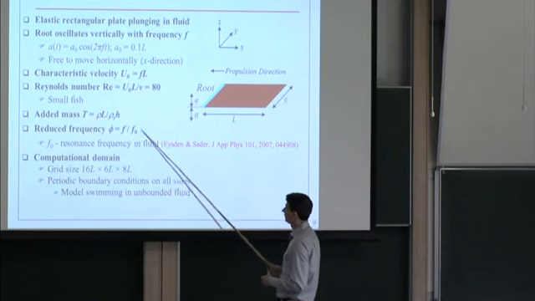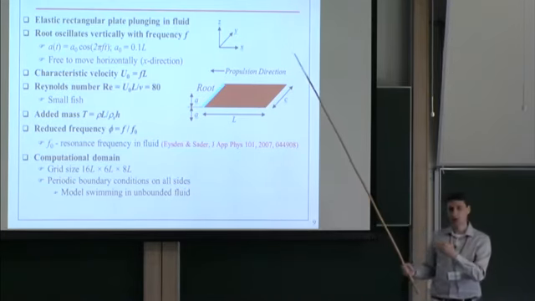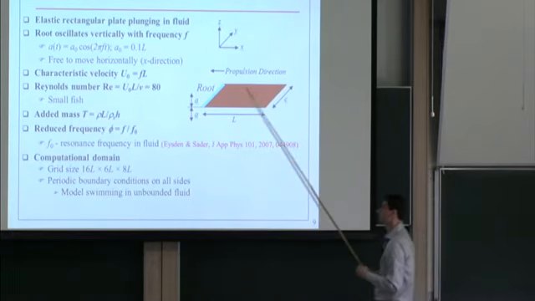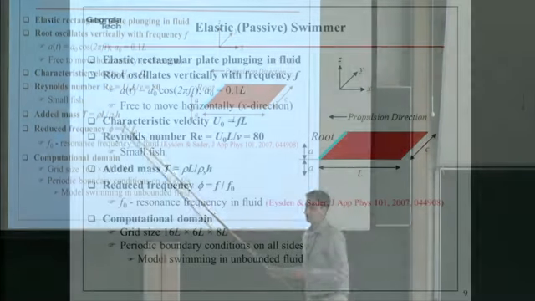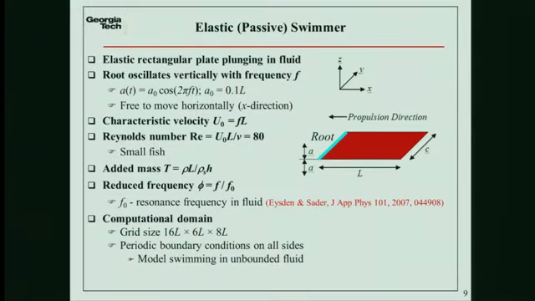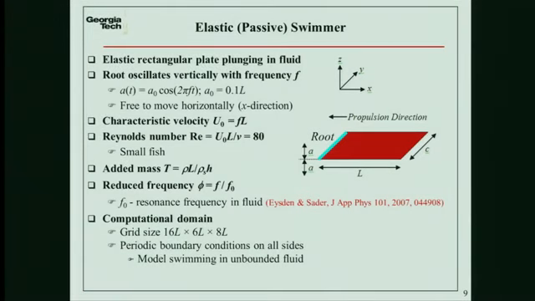Then the second critical parameter for us is reduced frequency, which is essentially the frequency of the oscillation divided by the resonance frequency. And as I told you, the frequency of the oscillation we fix, so what we change is the resonance frequency. And the resonance frequency is here. It's very important: it is the frequency in water, not the frequency in vacuum.